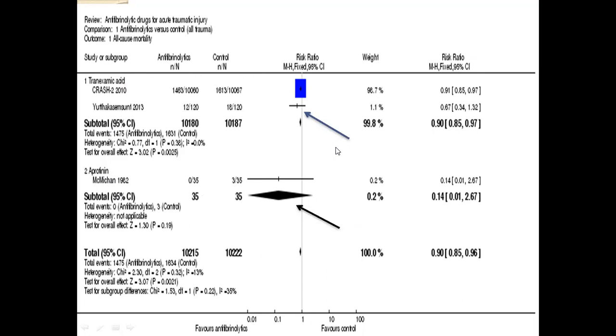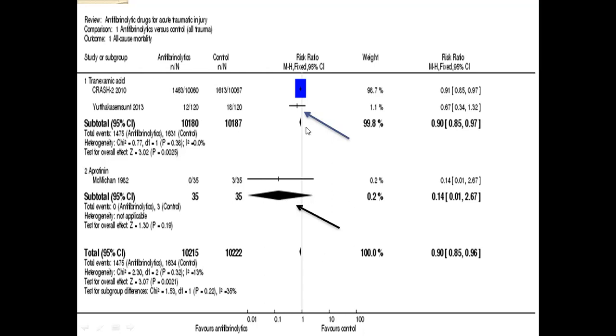The more patients you have in the experiment, the more your experiment becomes representative of the population, the more your estimate becomes very close to the real estimate in the population, and the more precise your results are. And this precision manifests in the width of the confidence interval.